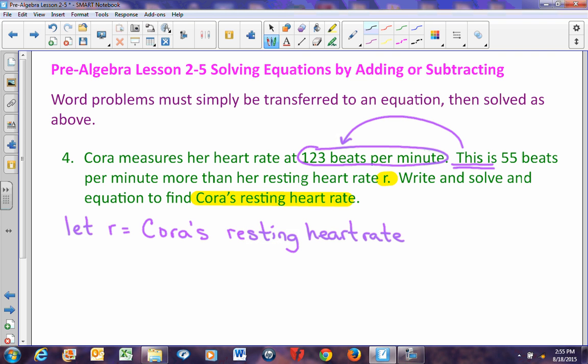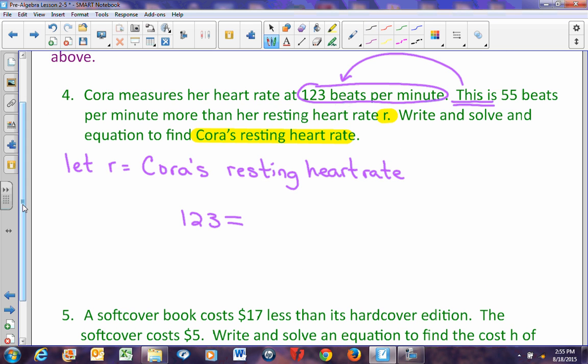So, her heart rate, 123 beats, that's an equal sign, is 55 beats per minute higher than her resting heart rate R. So that's 123 equals 55 beats more than, which means that her resting heart rate comes first. 55 beats more than her resting heart rate R. So there's your equation. 123 equals R plus 55.